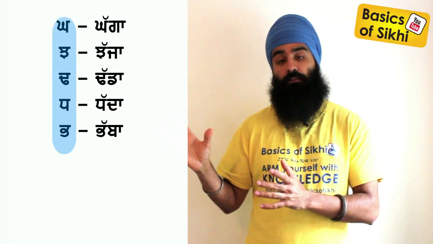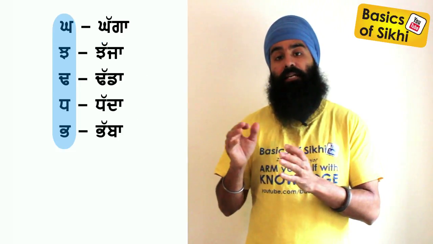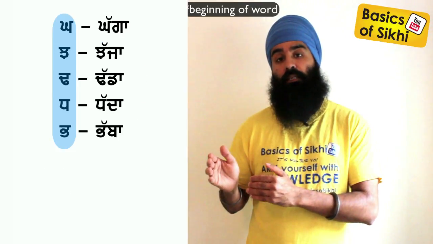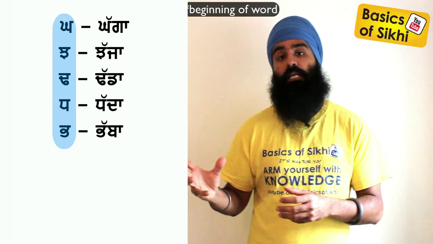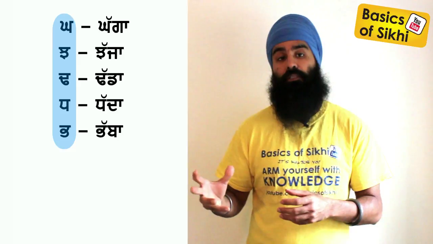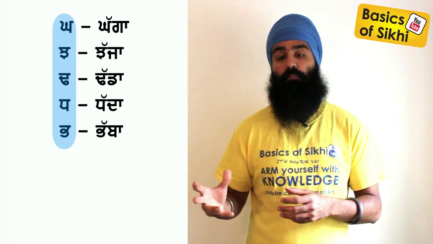Because their sound changes. Initially their sound is that first sound, the 4th column. So if these letters are at the front of a word, and don't worry if you're not getting it, we're going to go through examples, then the sound is that letter on the left, its own sound, which is like Kagga, Chajja, Tadda, Tadda, Pabba.